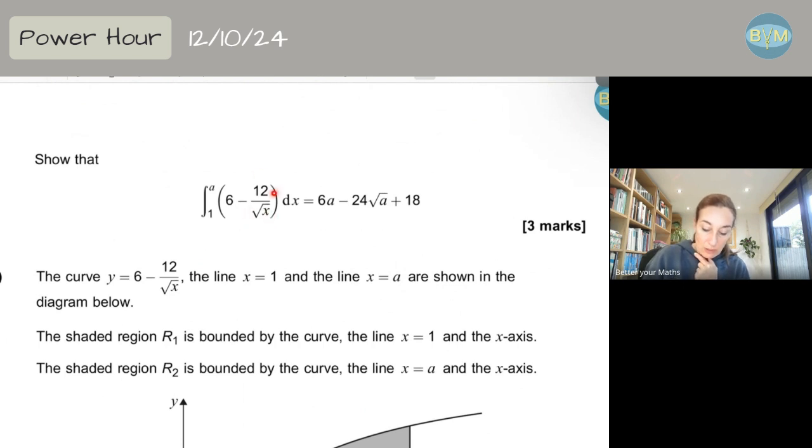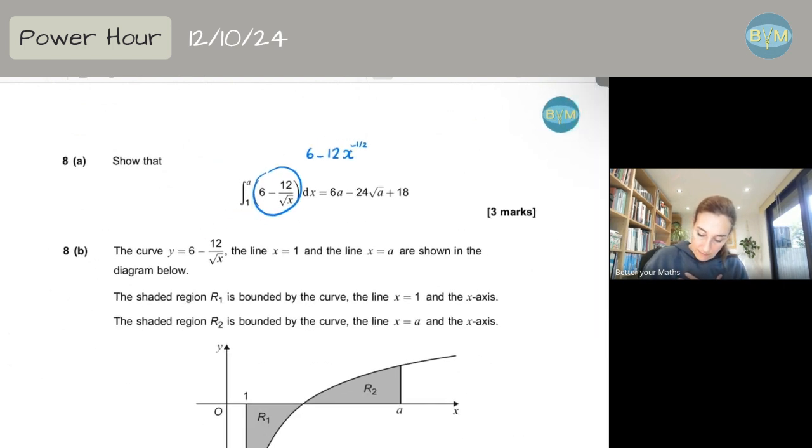Remember, we are going to rewrite this with the root x in the numerator and to the power of a half. So it will be to the power of -1/2. So before integrating, we are going to write this as 6 minus 12, and the x goes up this way, because that's what we know how to integrate. So please integrate, and then we are going to substitute.